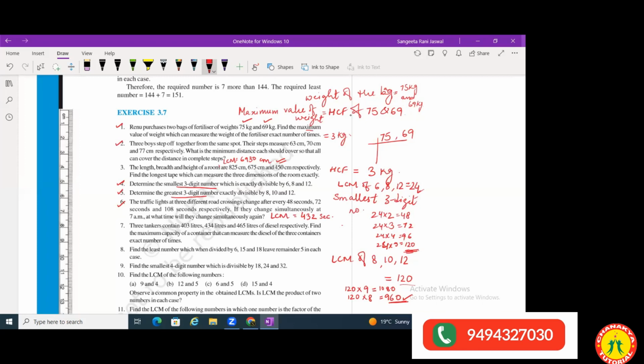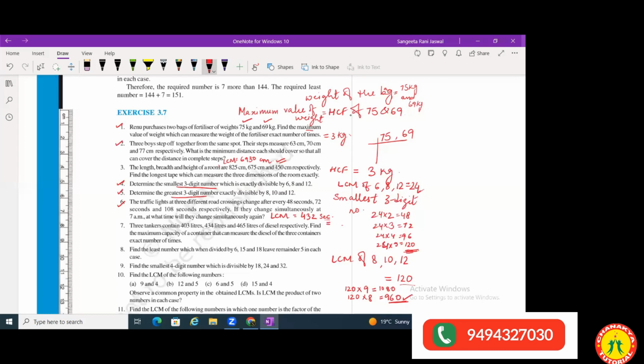So after 7 a.m., when will the lights change simultaneously again? That means after 7 a.m., 432 seconds.